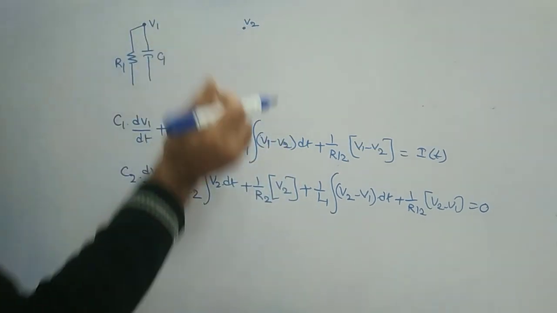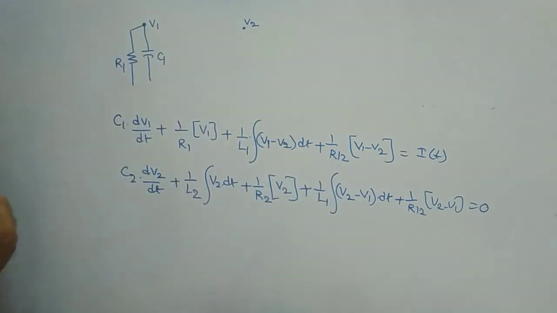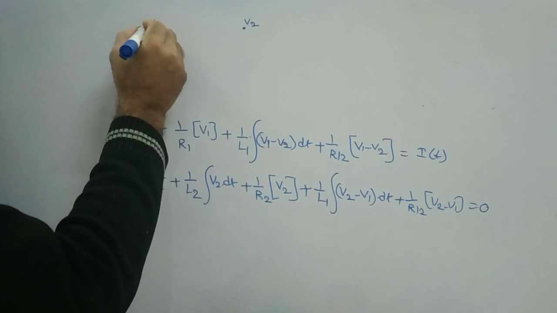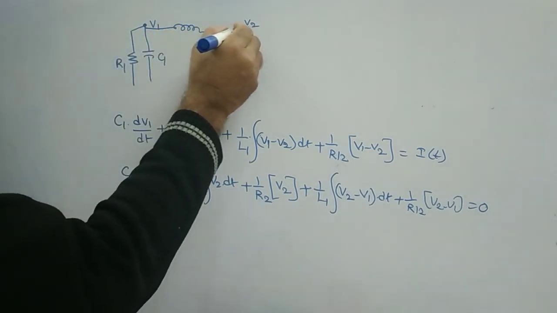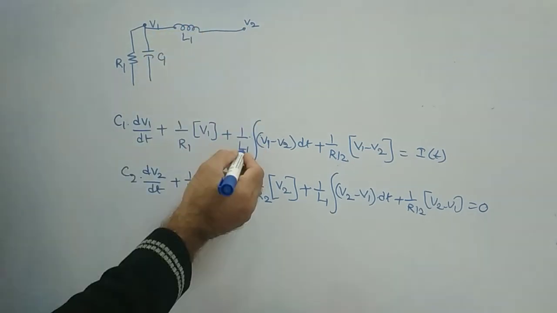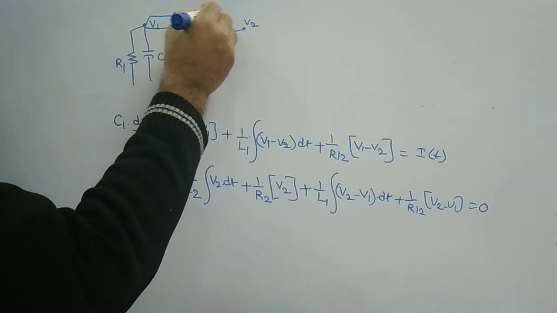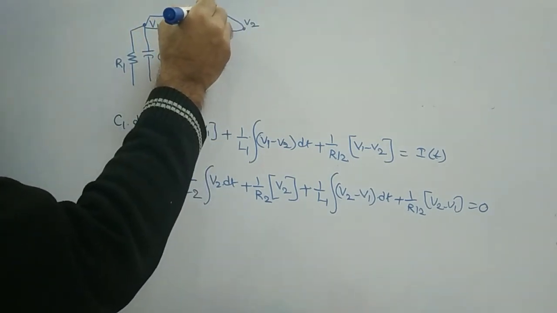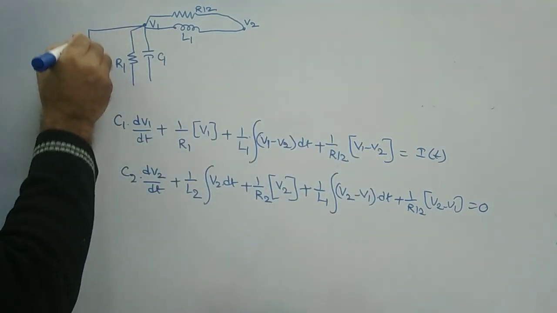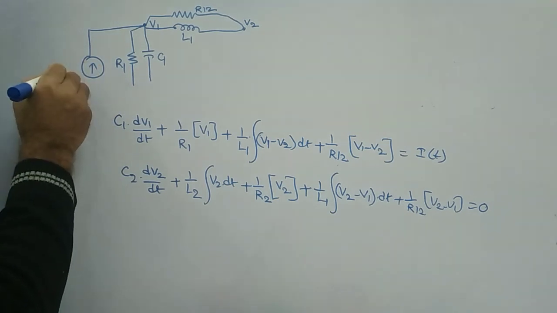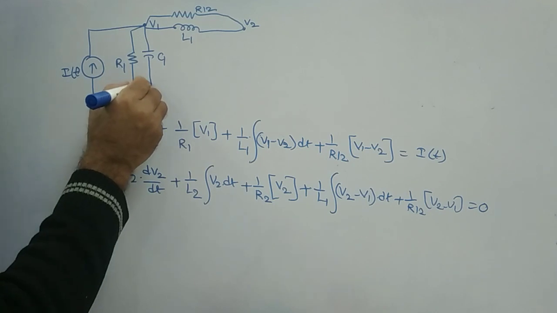Similarly R12 is also common, so it is placed between V1 and V2. Your I of t is something like this here.